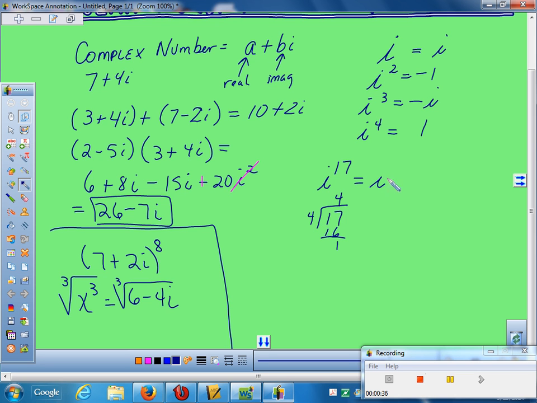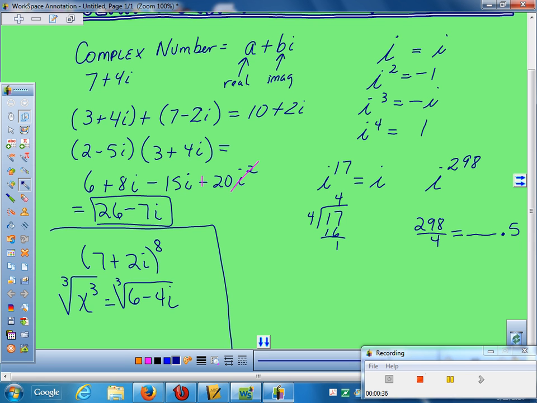so that means it's the same thing as i to the first power. But if I gave you, say, i to the 298th power, and you divide it by 4 in your calculator, you're going to get something with 0.5 as a decimal.